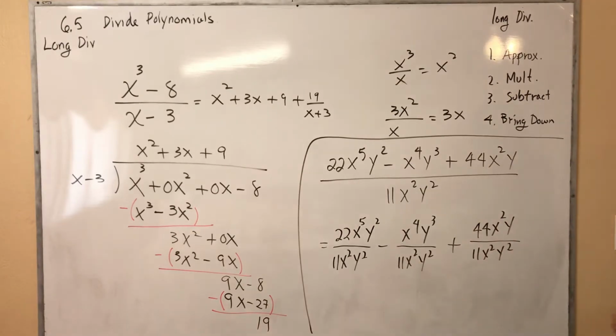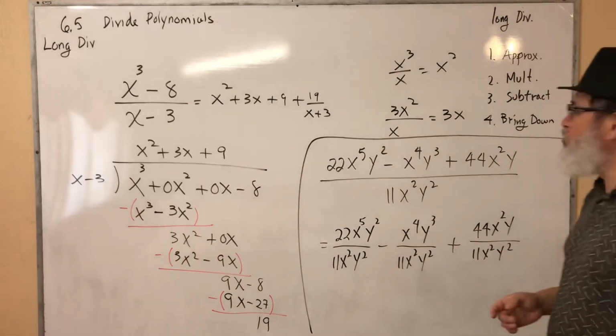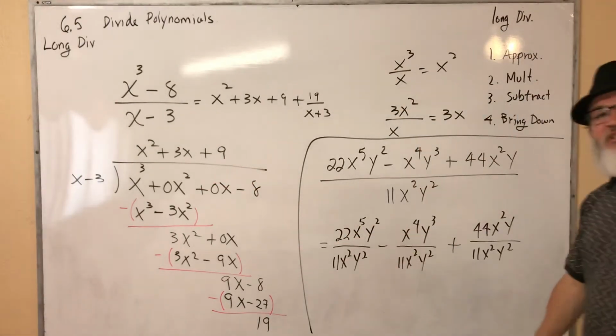This is what you do when you're dividing by a monomial. You do not use long division. Now let's just simplify.